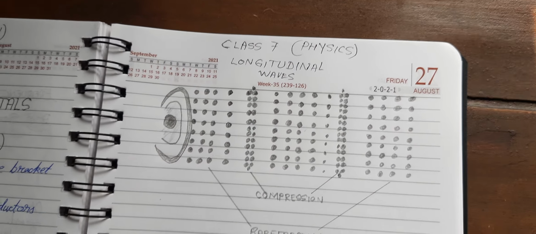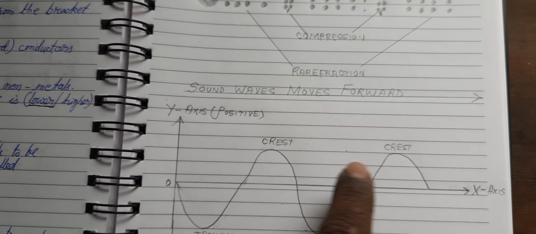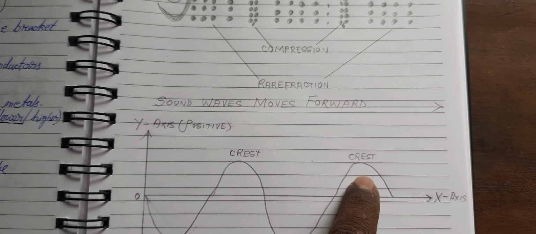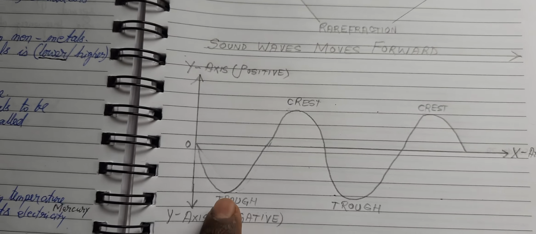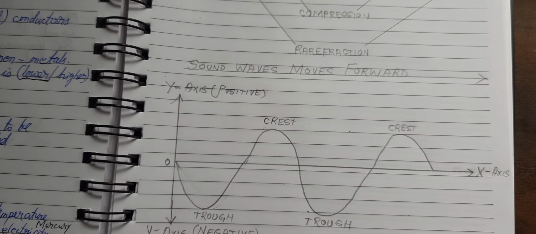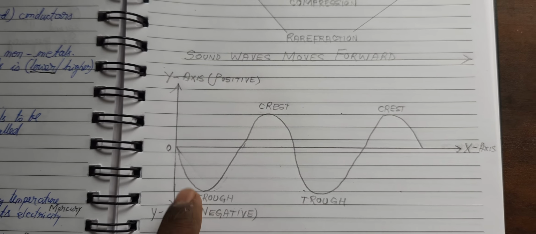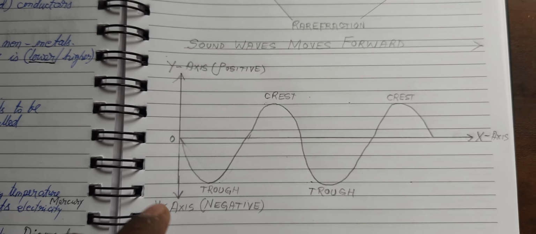So our compressions are the topmost part of this graph, whereas rarefactions are the bottom regions of the graph. So this is the waveform that you will get.